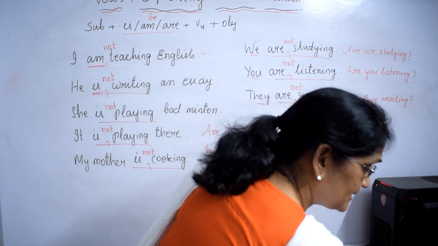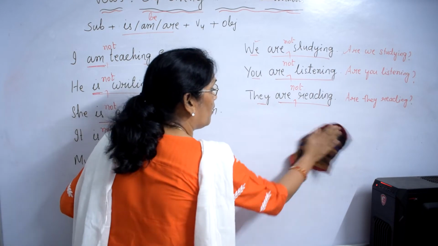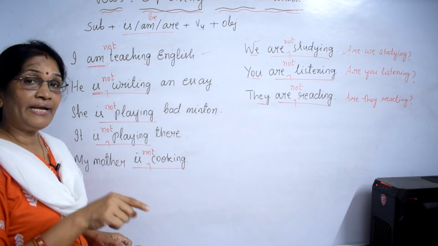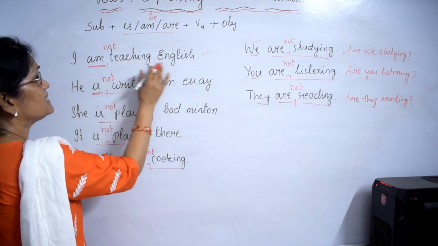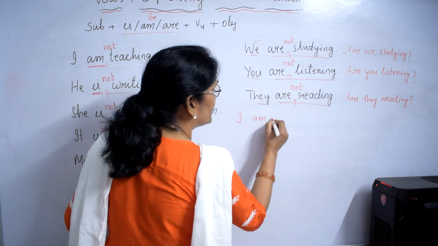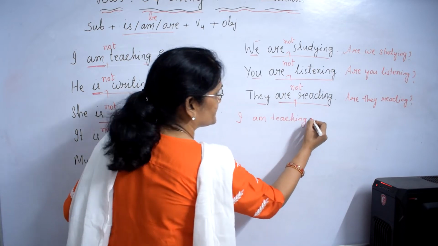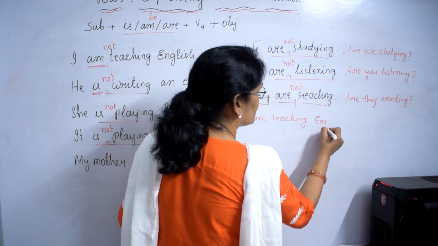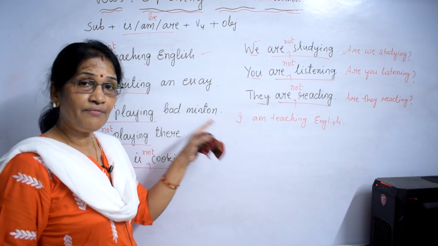How to change a sentence from affirmative or negative to negative interrogative? Suppose this is the sentence, I am teaching English. Change the sentence into negative interrogative.